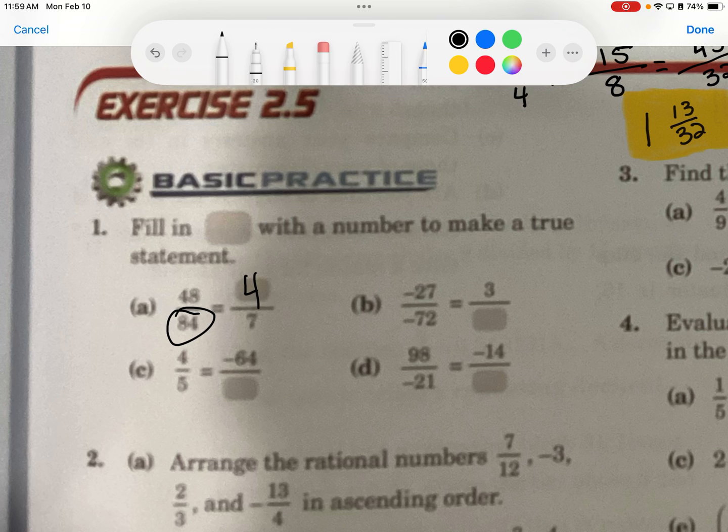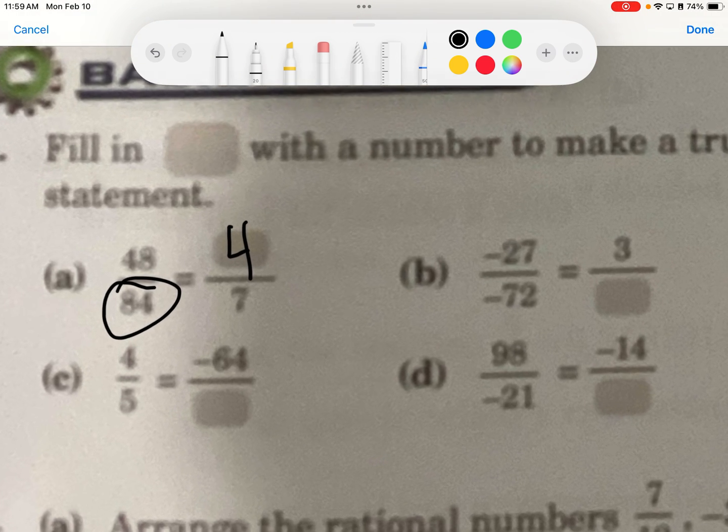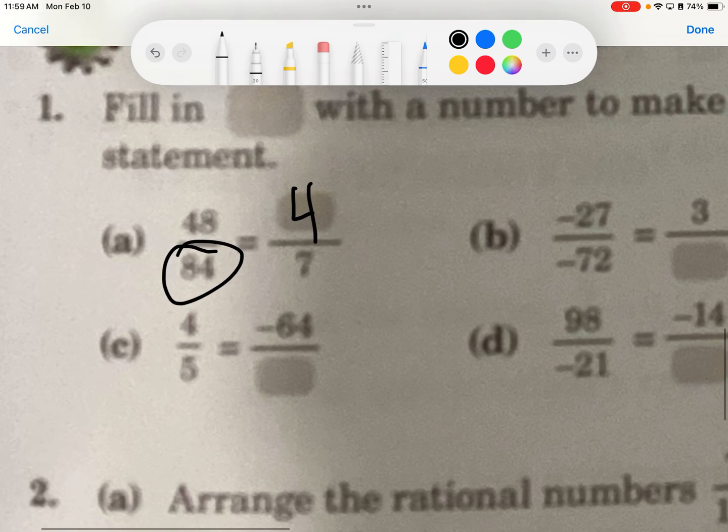Perfect. All right. So, Micah, do C. Do you multiply 4 by -16? Yeah, so we multiply by -16. 5 times 15 is 75; 16 would be 80.